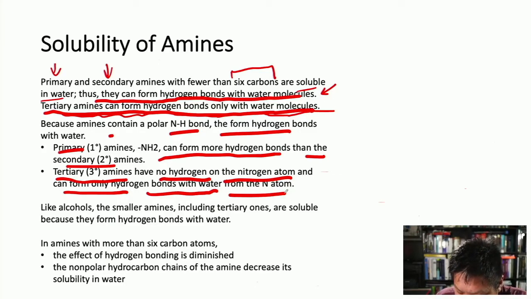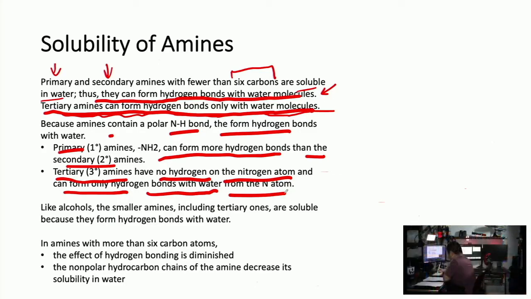When you're doing hydrogen bonding, you have nitrogen, hydrogen, like that, and then hydrogen bond with water. And you could also go the other way. Like that. So that's what tertiary amines cannot do.